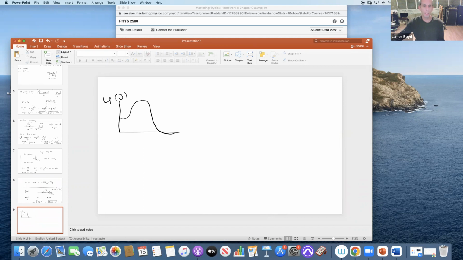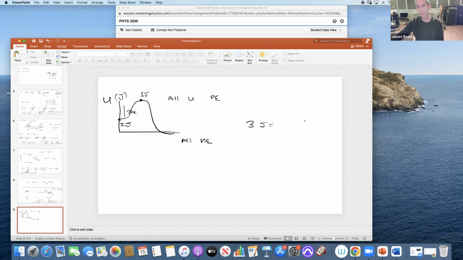At the top point, it's all potential, where U is potential energy, and at the bottom, all kinetic energy. Here it has 2 joules, but we need at least 5 joules of total energy to get up that hill. So it needs to have at least 3 joules of kinetic energy here to get up to the top.